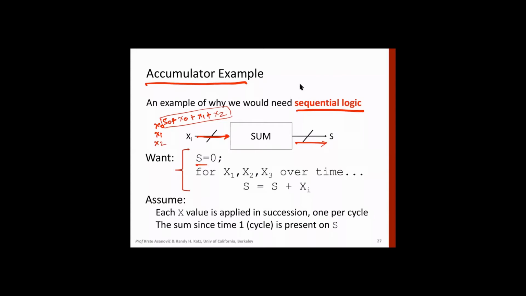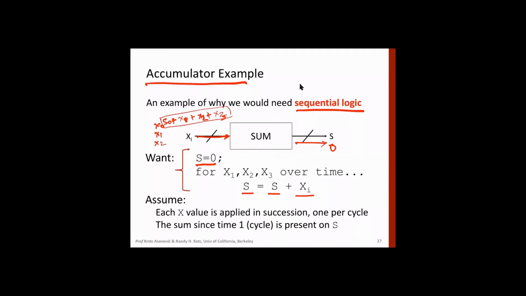Now what we want to implement is s equal to 0 in the beginning. This is 0, and for x1, x2, x3 over time, s is equal to s plus xi. I mean, we could always have started from x0, what we have considered here, or you can start with x1, x2, x3.